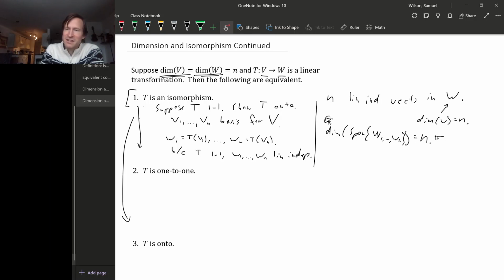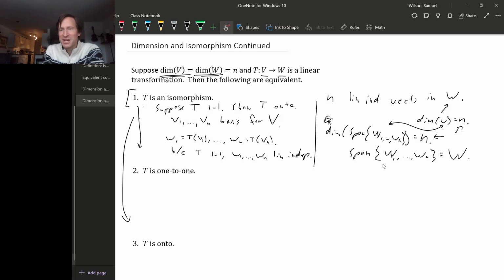So here we have an n-dimensional space sitting inside an n-dimensional space. That means that these have to be the same space, right? So the span of W1 through Wn has to be equal to all of W.